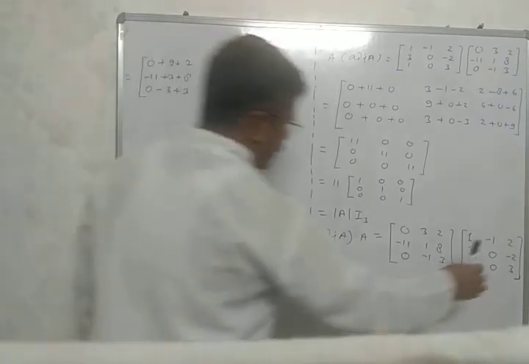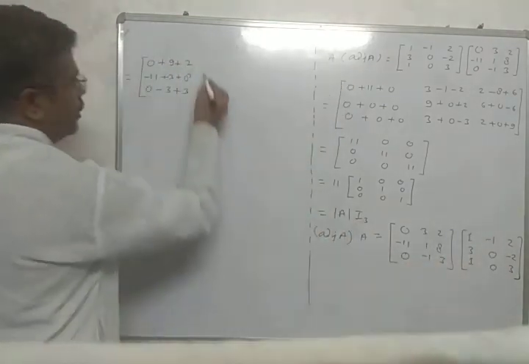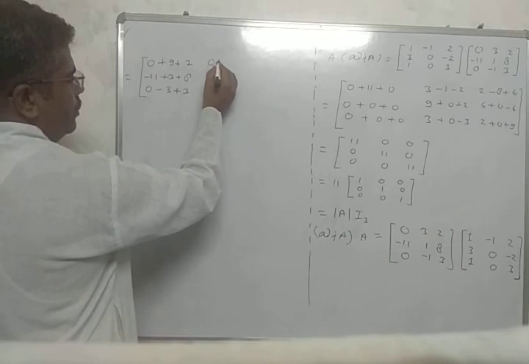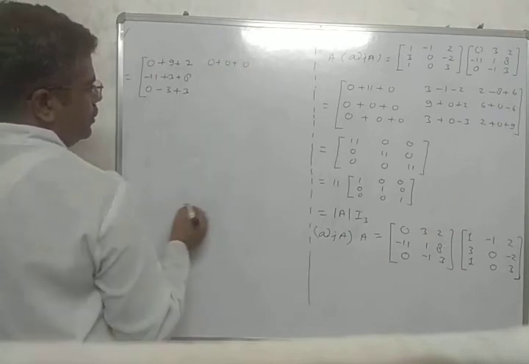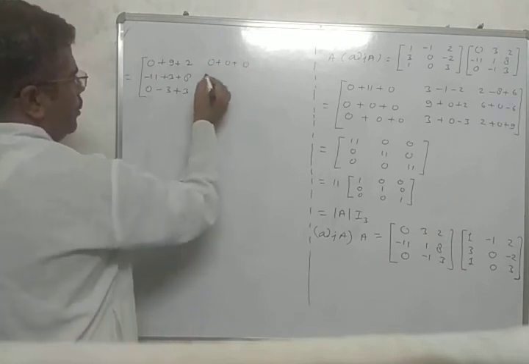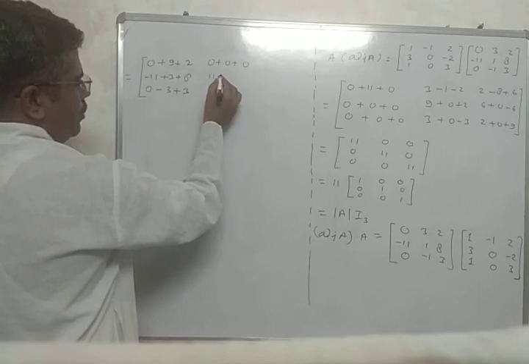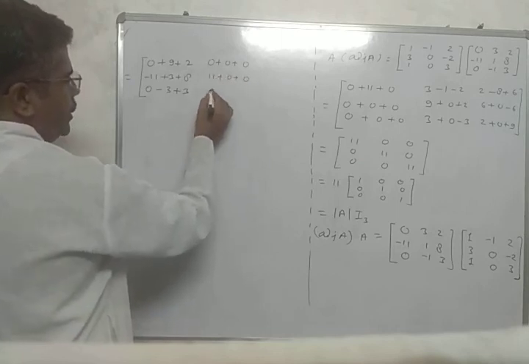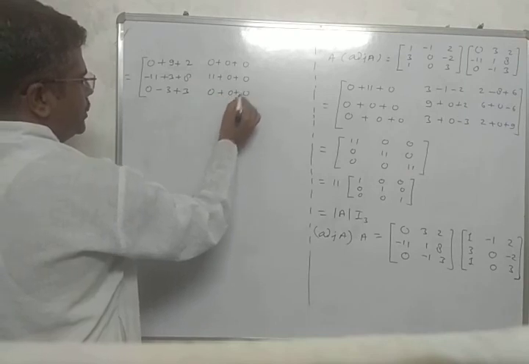We multiply the next column: 0 plus 0 plus 0, 11 plus 0 plus 0, 0 plus 0 plus 0.